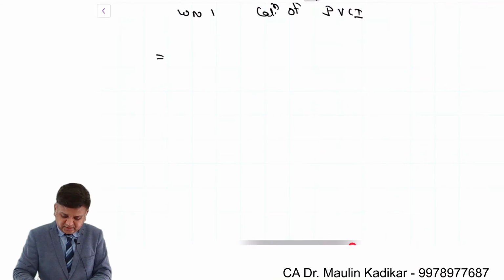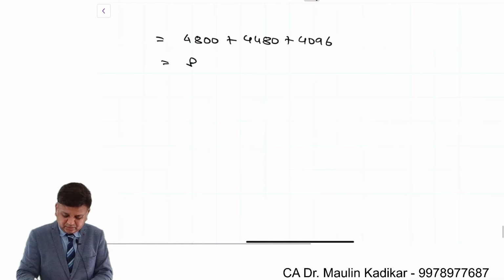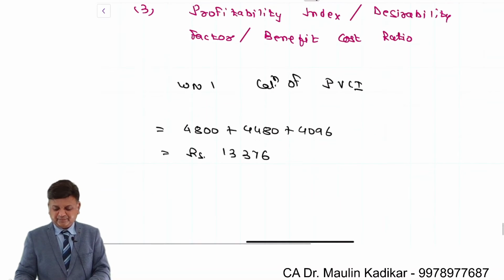Write down 4800 plus 4480 plus 4096. So it comes to 13,376. That is the first working note, present value of cash inflow.